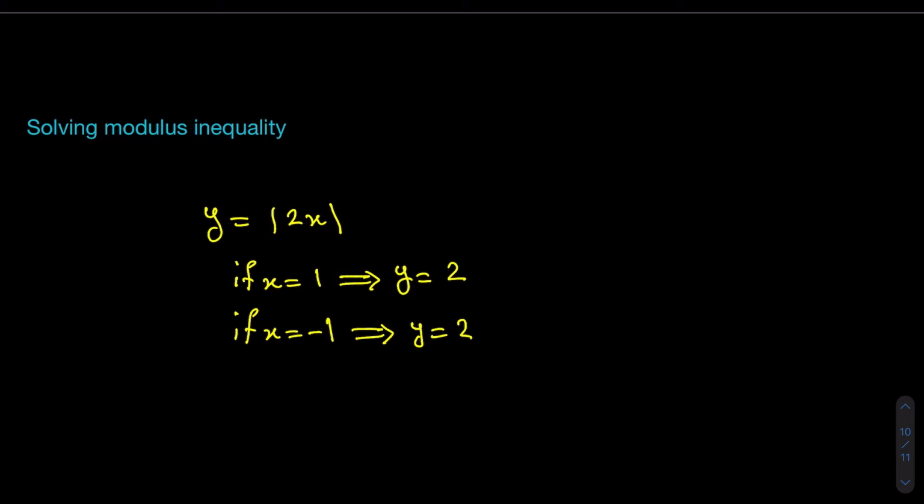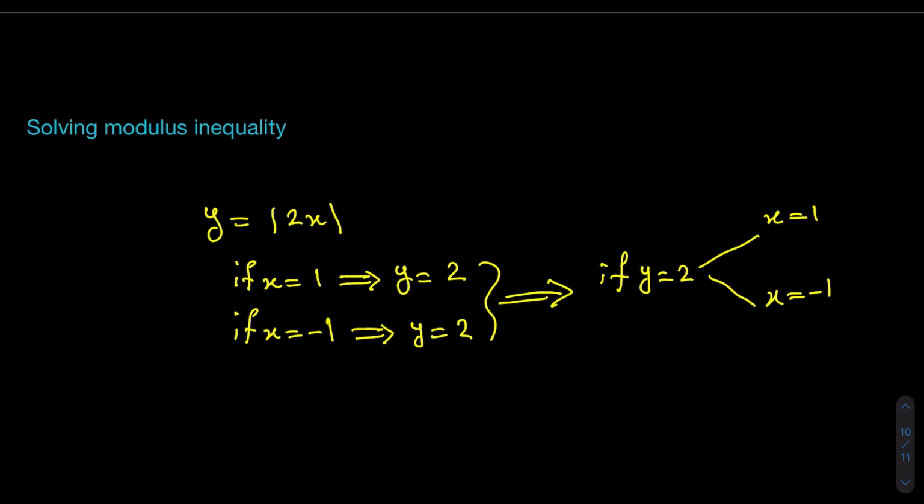So here we can draw a conclusion: if the value of y is equal to 2, then either the value of x is equal to 1 or the value of x is equal to negative 1.